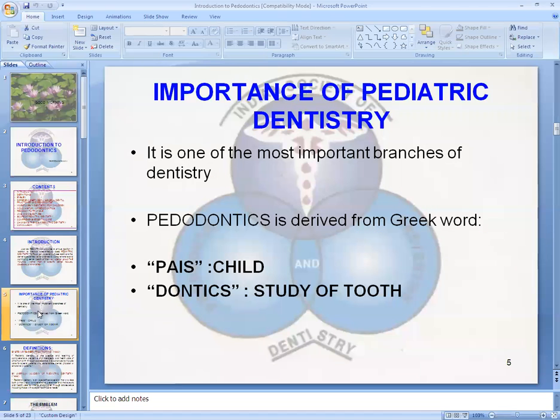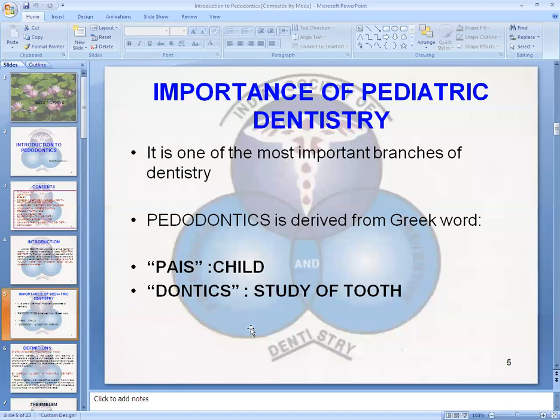Now, what is the importance of pediatric dentistry? It is one of the most important branches of dentistry. As we know, the word pedodontics is derived from Greek words: pais means child, and odontos means tooth. And we know that whenever a child patient comes to a normal OPD, the doctor gets frustrated, because the child is very cranky, not able to listen, in their own world only.